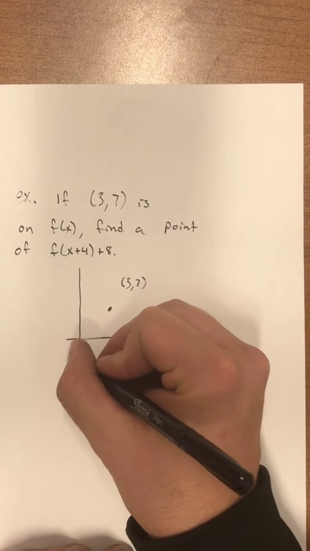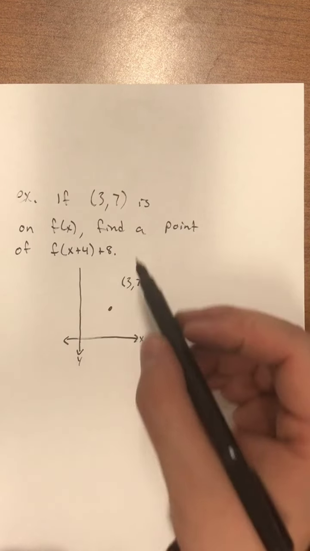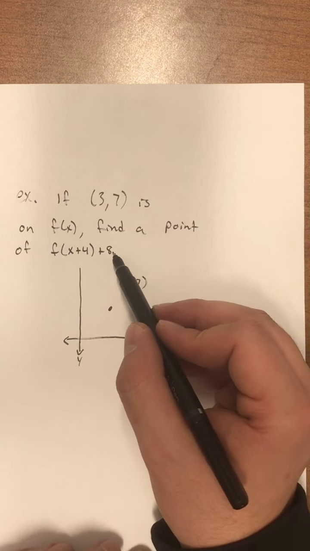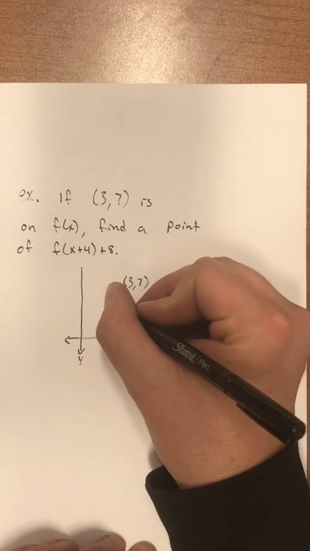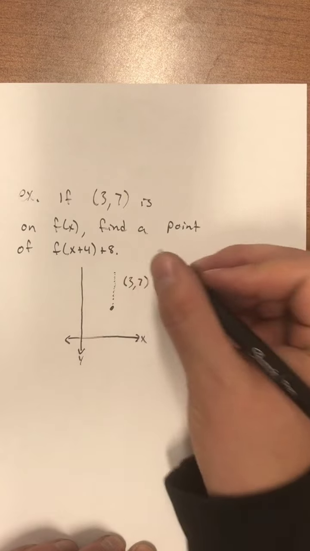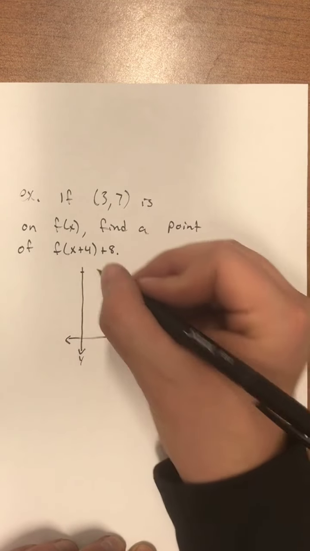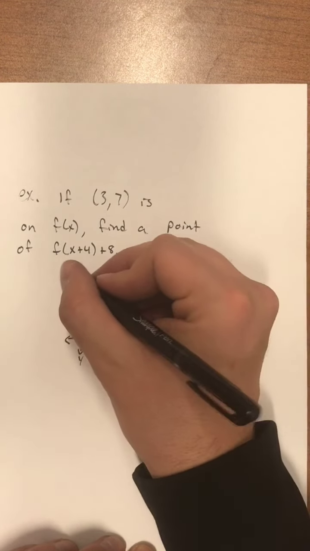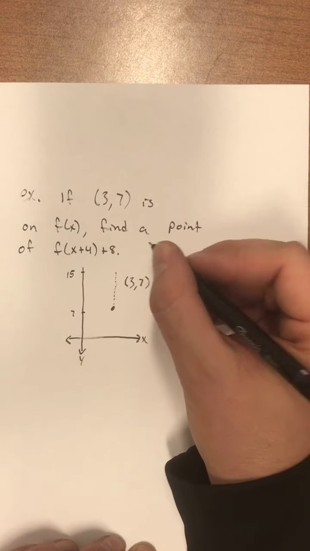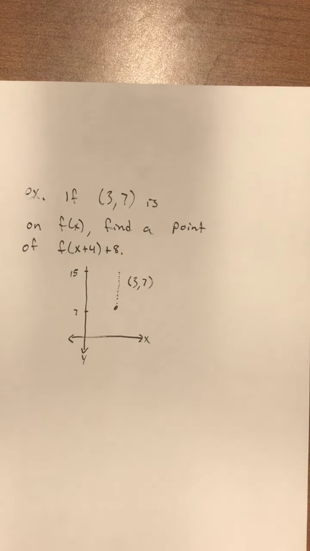Now if you look back at those properties, the plus 8 on the outside means we're going to add 8 to the y value, which is shifting up.